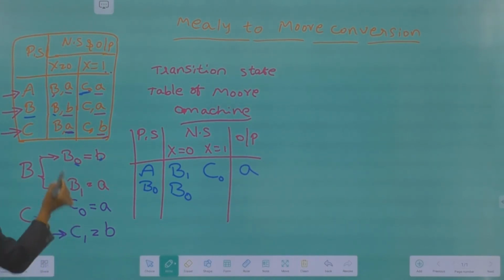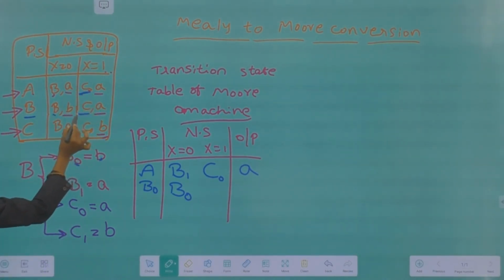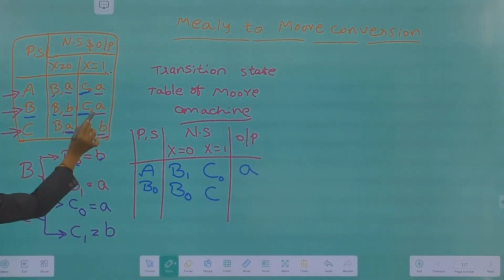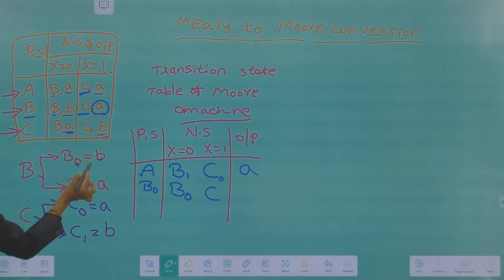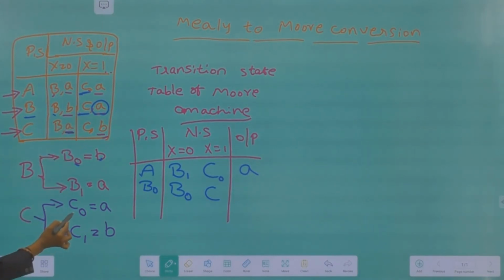Okay, and next if x equal to 1, the next state goes to C. Here the output is A. A appears here, and the state is C, so we observe the C state. A appears here, corresponding to the next state C0.